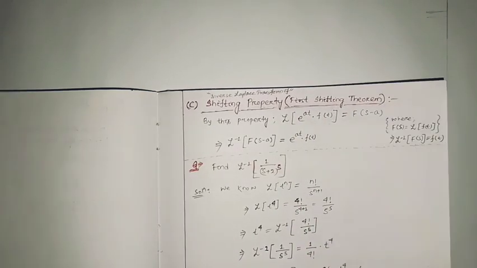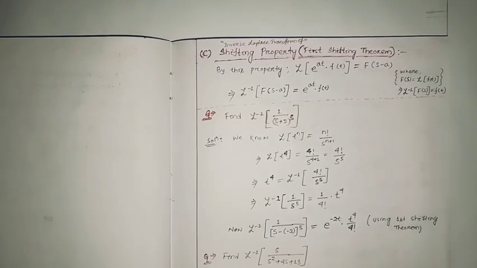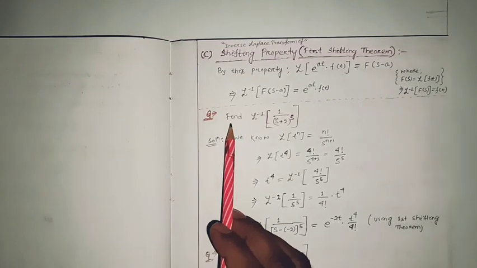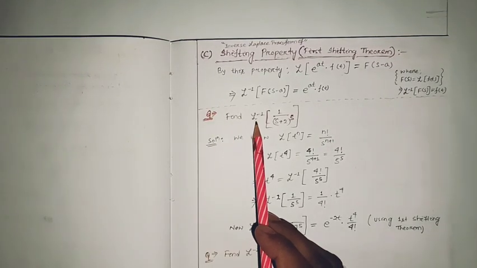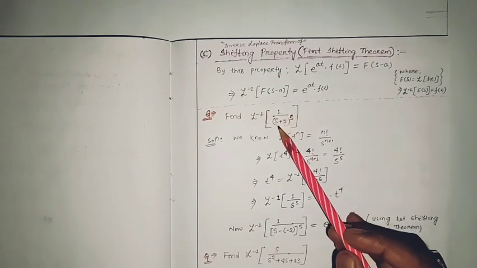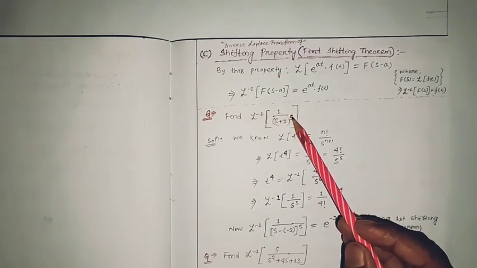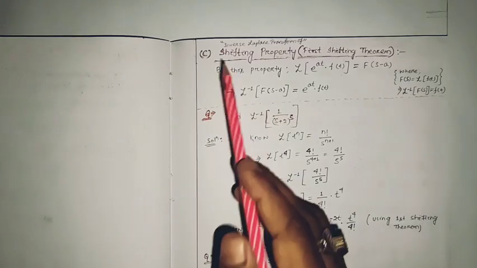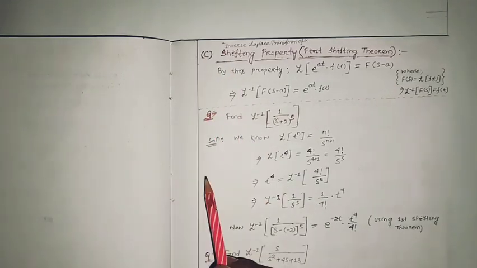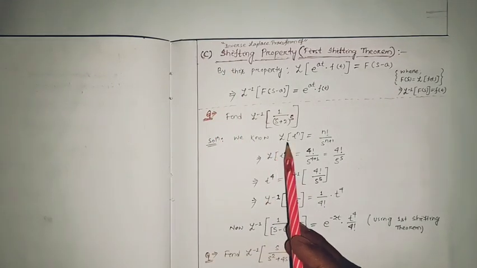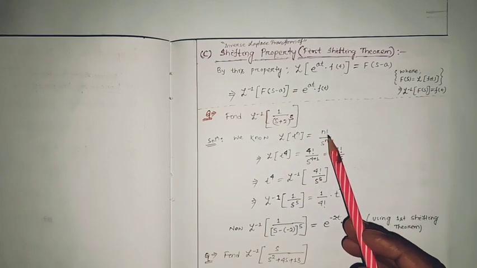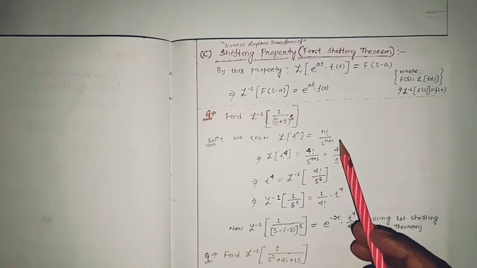Right? Now we are going to go for a numerical. Find the inverse Laplace transform of 1 by (s plus 2) to the power 5. How are we going to solve it by using this property? Here the Laplace transform of t to the power n, we know, is n factorial by s to the power n plus 1.